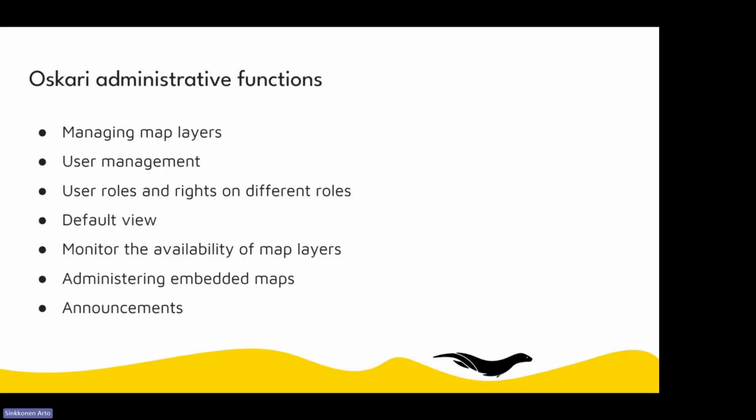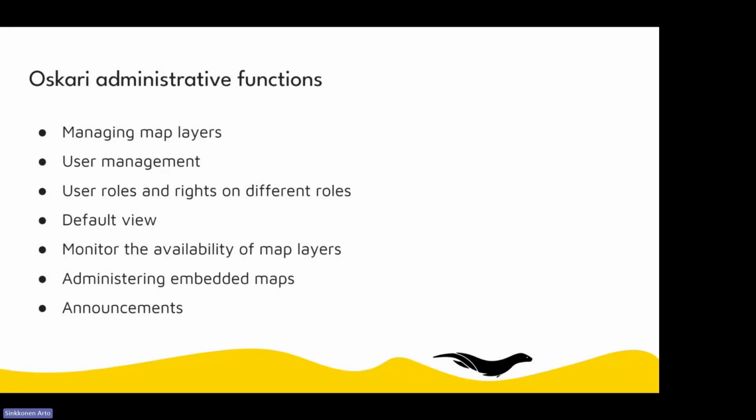Like Juho earlier presented, there is the Oskari service for managing the map layers and showing them. And then he talked about and displayed this published map functionality, which allows showing a limited section of available layers and services. The administration can be arranged along these lines as well.